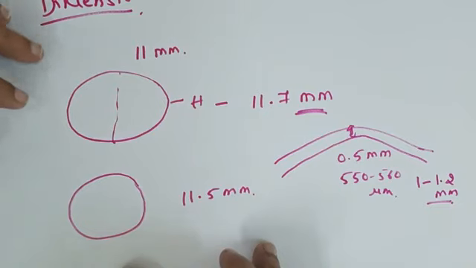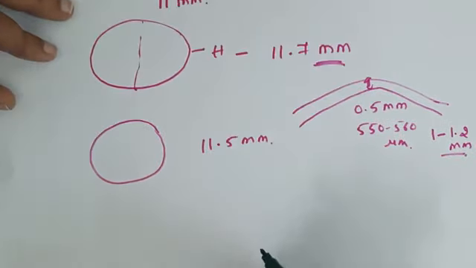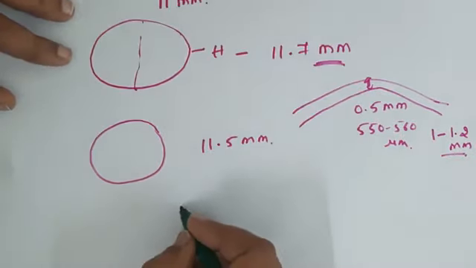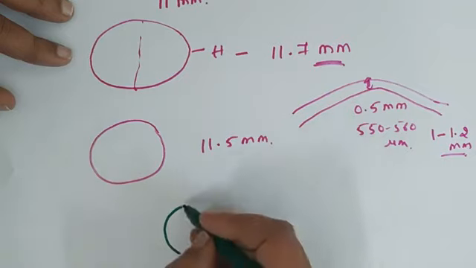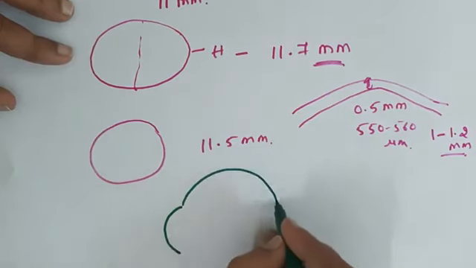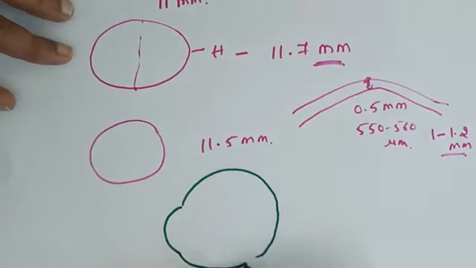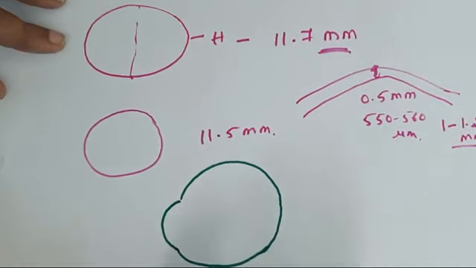The next is the radius of curvature. Most of you, I think, get confused with this radius of curvature. This is nothing but, see, this part of the cornea is a part of some sphere, whereas the sclera is part of another sphere. The radius of both the corneal and the scleral spheres are not the same.